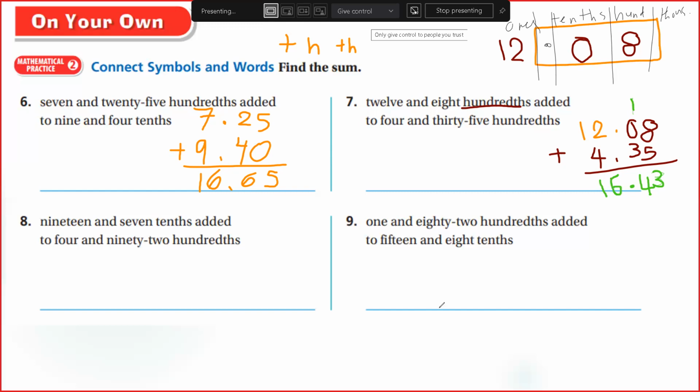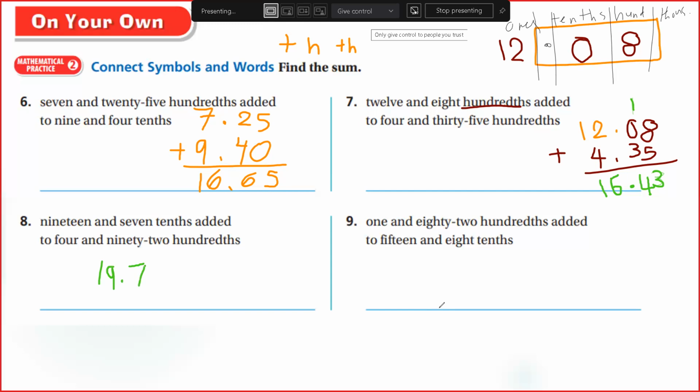Now, Lamia. Yes, Lamia. 19 and 7 tenths. How you write it? Seven tenths.